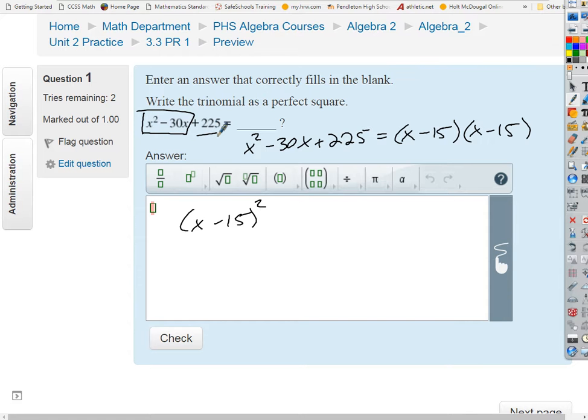And so the correct number is added to create this perfect square. So the answer then is just x minus 15 quantity squared.